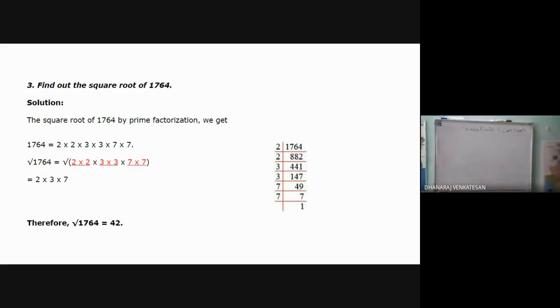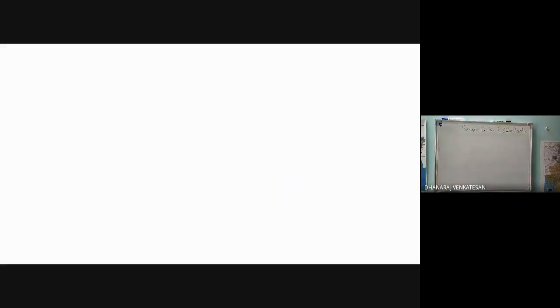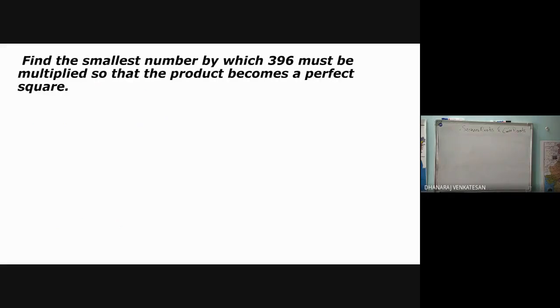Okay, don't worry. Now we'll go with a little trickier problem. This is a word problem. They have given: the smallest number by which 396 must be multiplied so that the product becomes a perfect square. Some number has to be multiplied with 396.